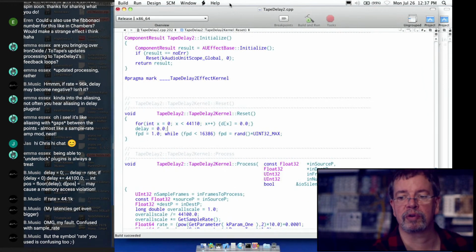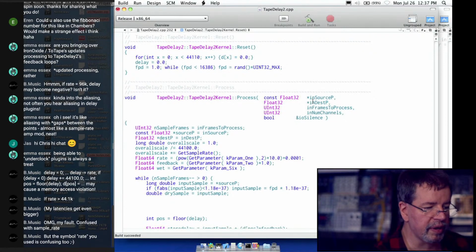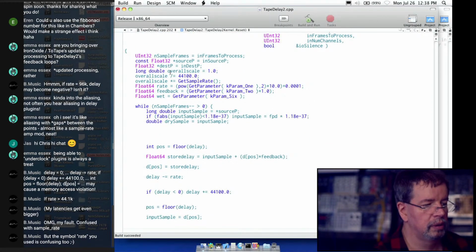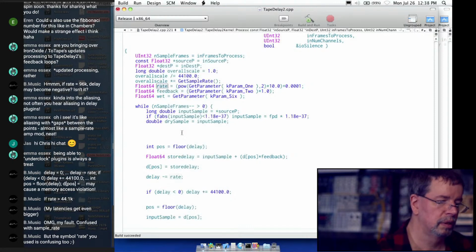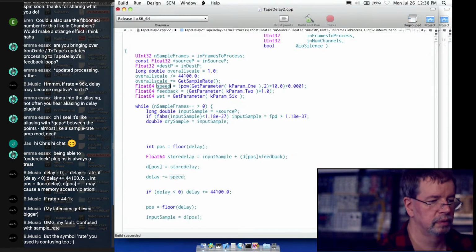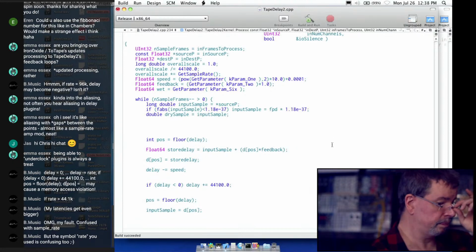I've not coded this one before. Yeah, well, it's the rate of stepping through the samples. That's why I called it rate. Could be something else. Could be speed. We'll call it speed. There we are.